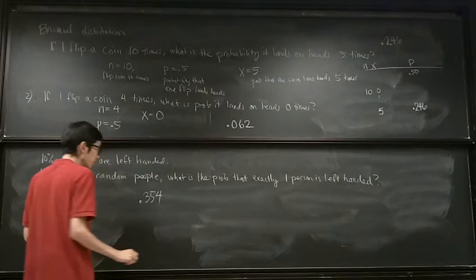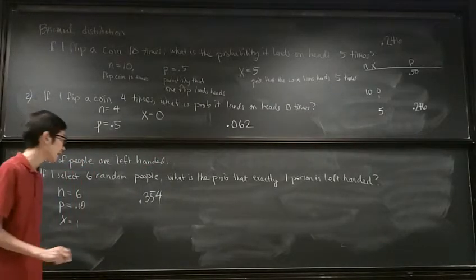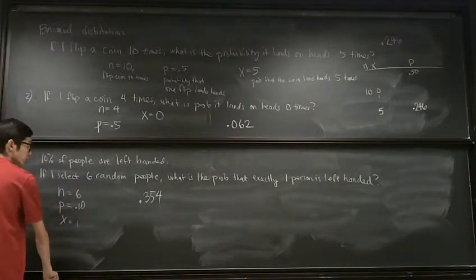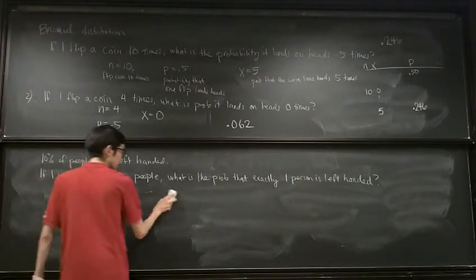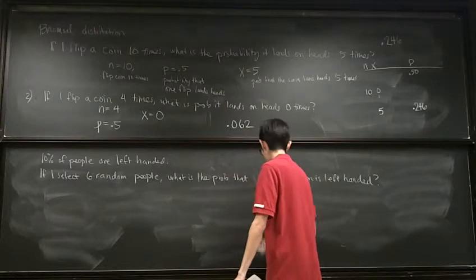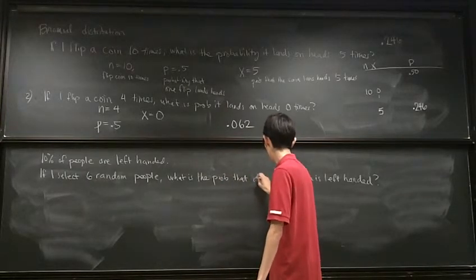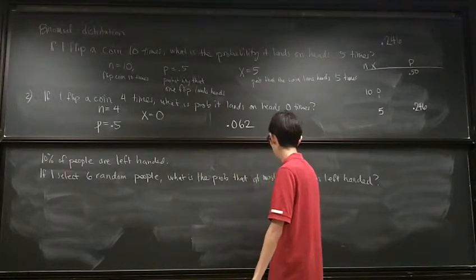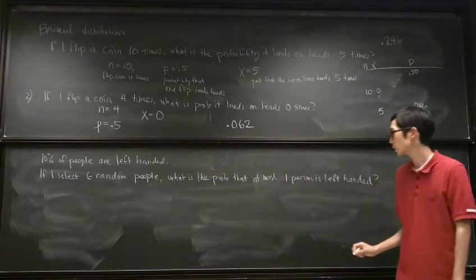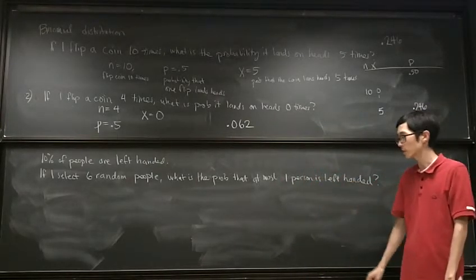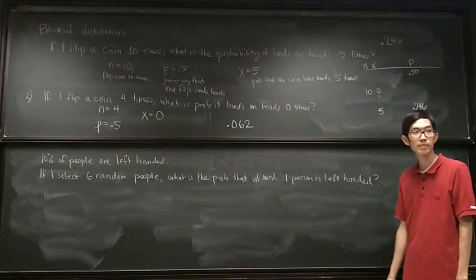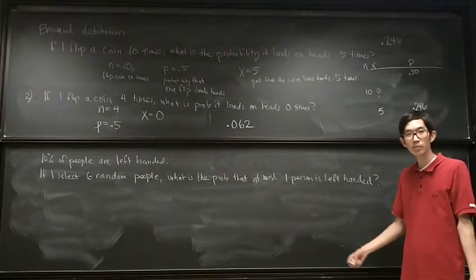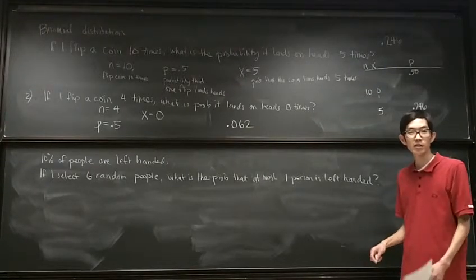If I select 6 random people, what's the probability that at most one person is left-handed? I'm changing this up. You might have to rewrite this in your notes. What does it mean that at most one person is left-handed?